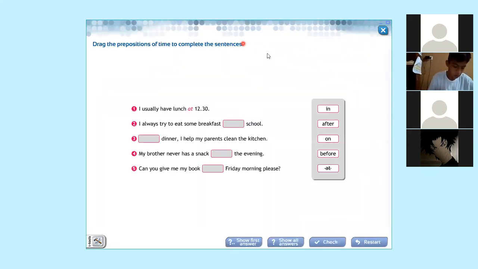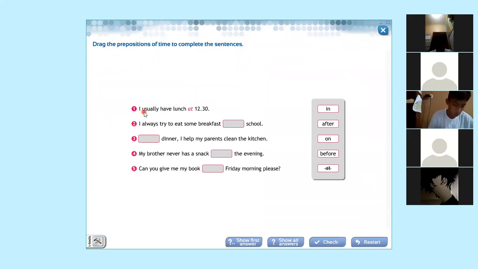Using this information, Jordana, start reading. Drag the prepositions of time to complete the sentences. Number one: I usually have lunch at 12:30.